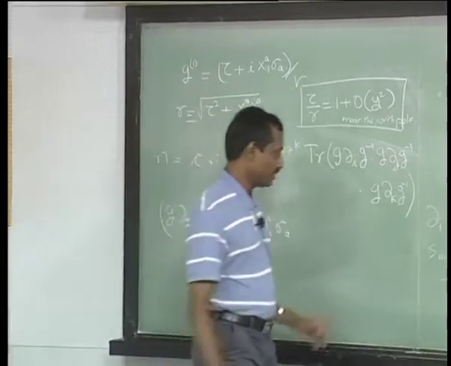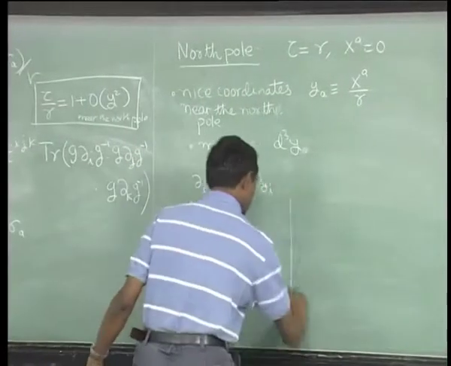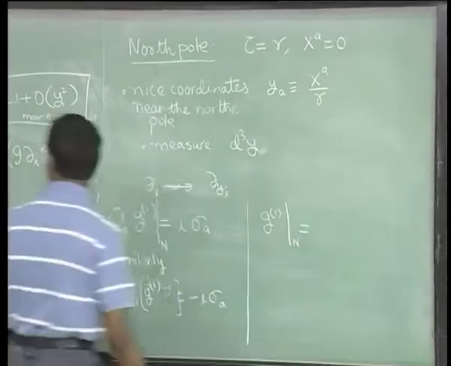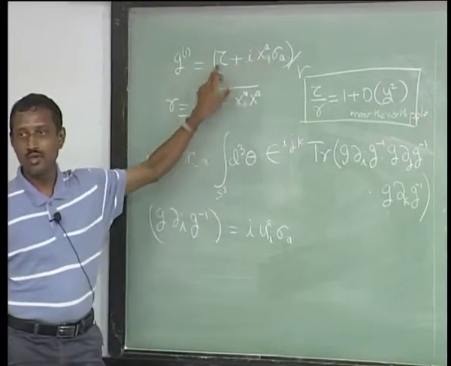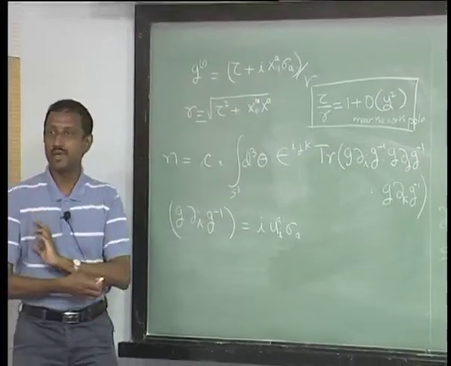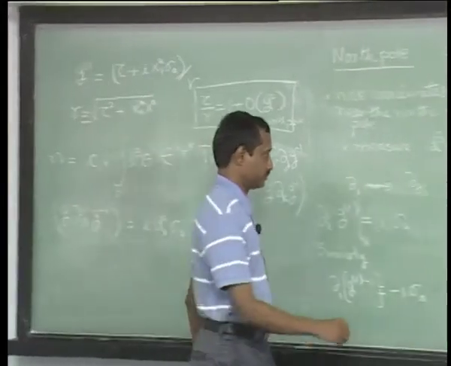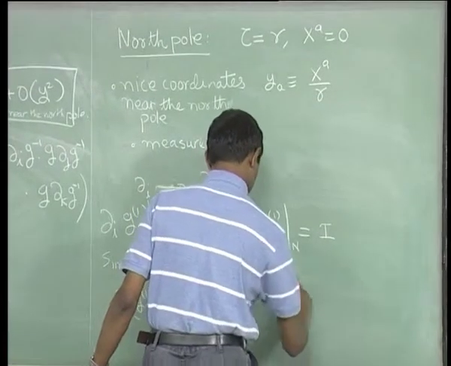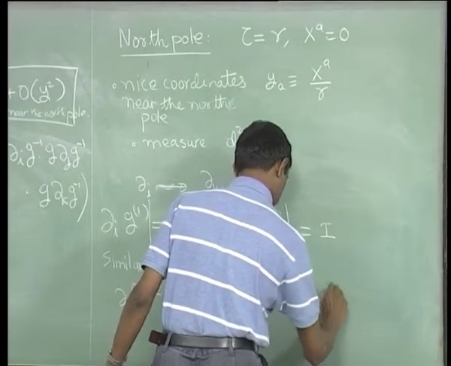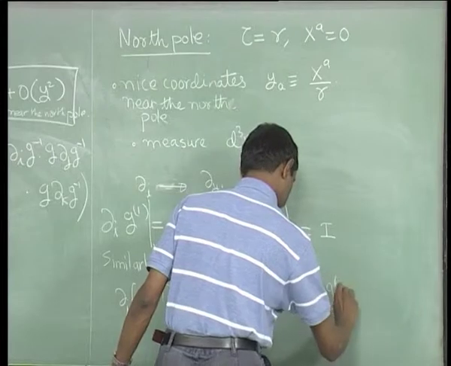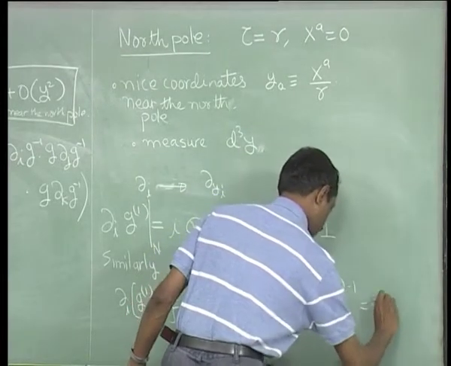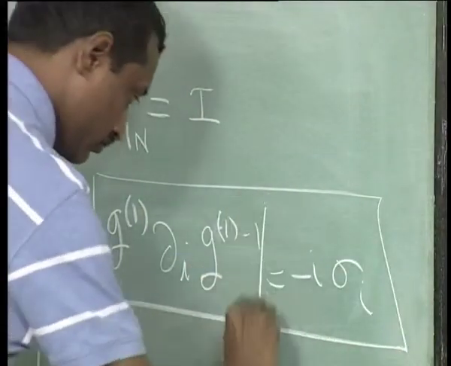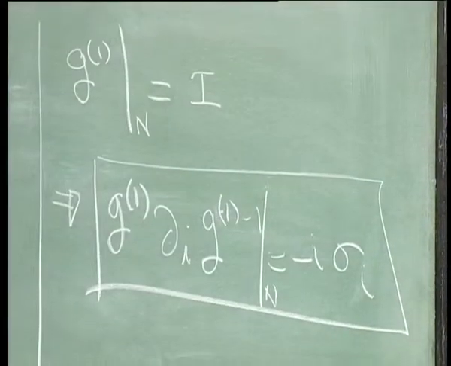So this implies, in fact, now you may ask what about g1 at the north pole. What is it equal to? The y's are 0 and it is just the identity matrix at the north pole.